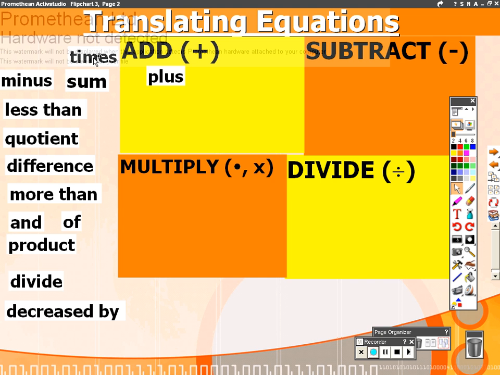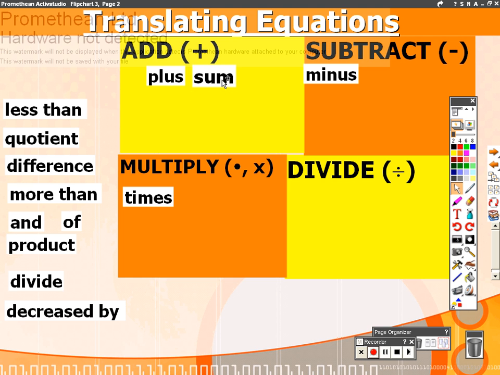When I see the word times, times is another way of saying multiply. Minus is subtraction. Sum. Sum is the answer to what type of problem? An addition problem. Less than. Well, if I have less than what I began with, I lost some. I decreased. That goes with subtraction.